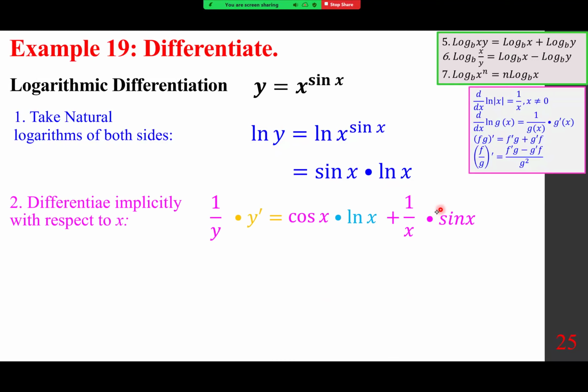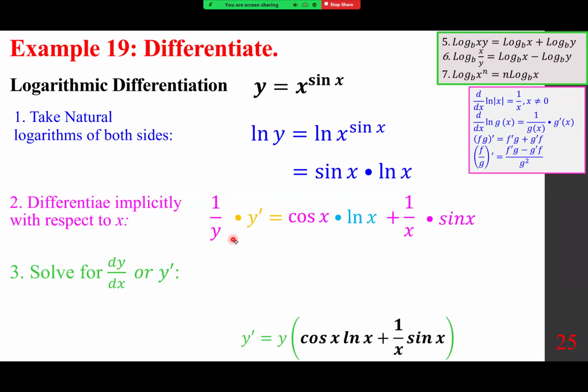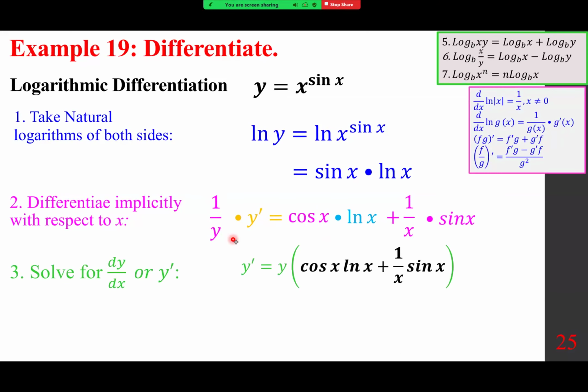And I'm practically done because y prime is the right side times y. See, 1 over y. So I got to multiply both sides by y. So solve dy dx for y prime. Multiply both sides by y. And what was y? Replace it with x to the power of sine x. And again, this is one way to do that.